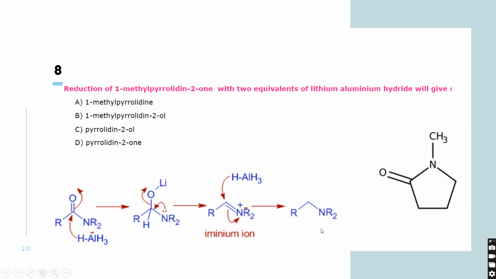If you look at the options given, which product you will get by reducing this substrate with two equivalents of lithium aluminum hydride, your answer should be option A, 1-methylpyrrolidine. No to all the others, because your carbonyl functionality is completely removed, and the product is simply a tertiary amine. So 1-methylpyrrolidine you are going to get as your major product.